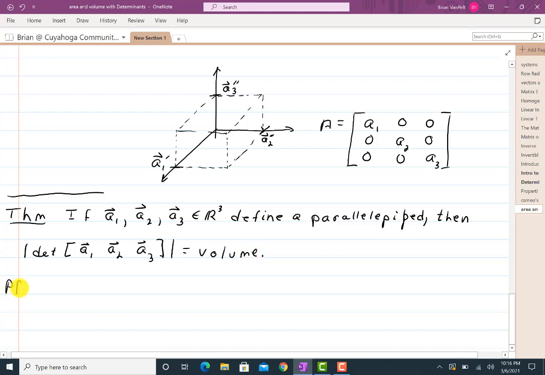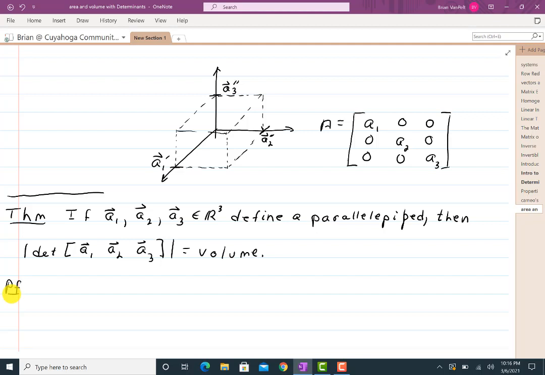And once again, I'm not bothering with the cases where you might have two of the vectors being multiples, one being a multiple of the other, or one being a linear combination of the other vectors, because in all of those cases you'll get a figure whose volume is 0, and that will match the determinant.